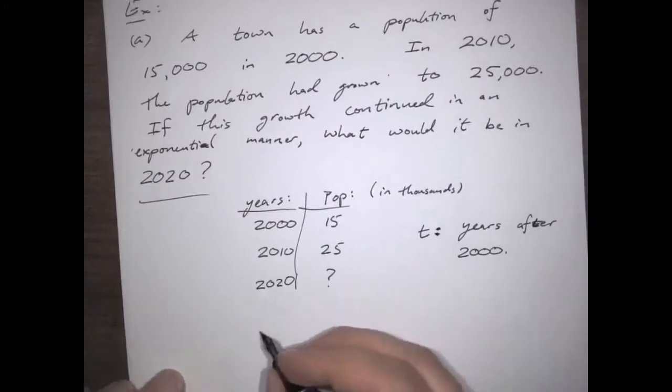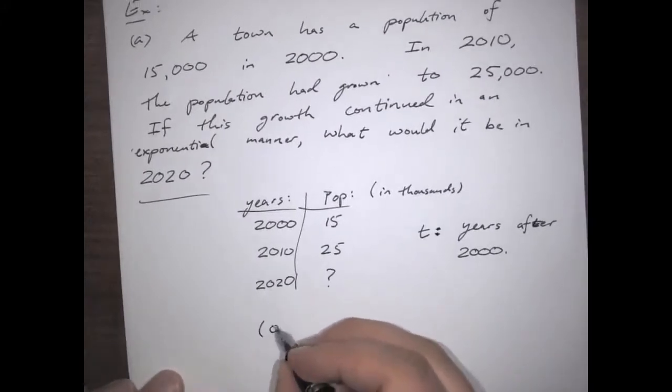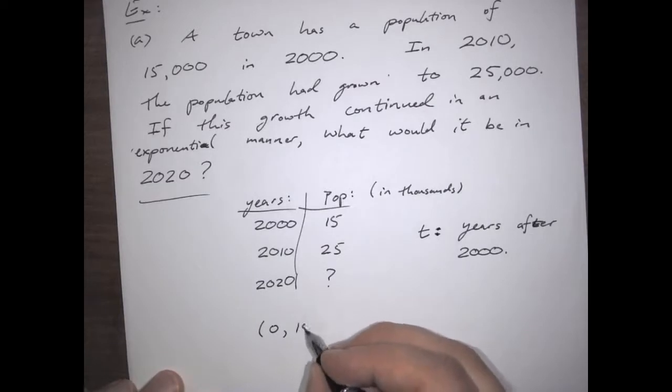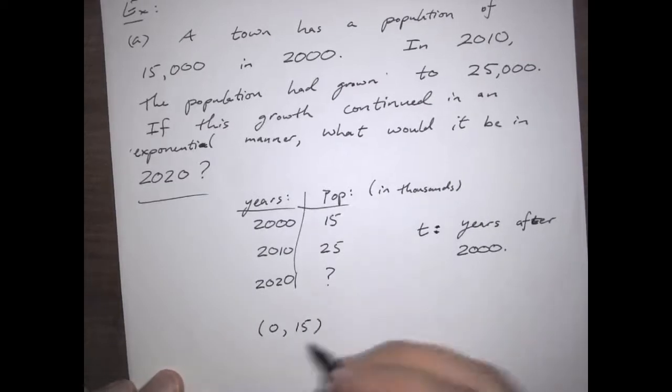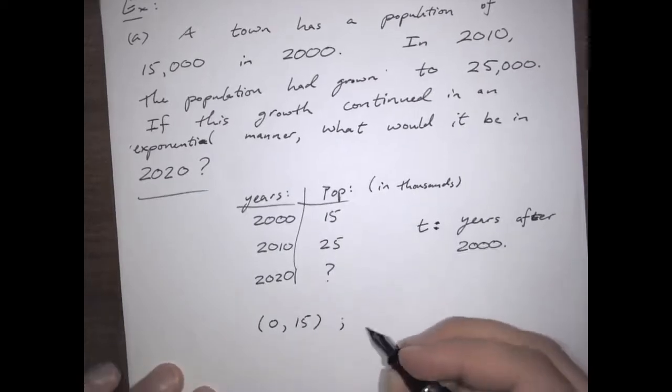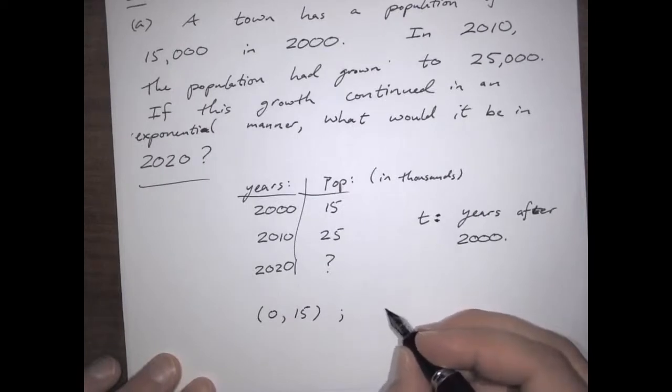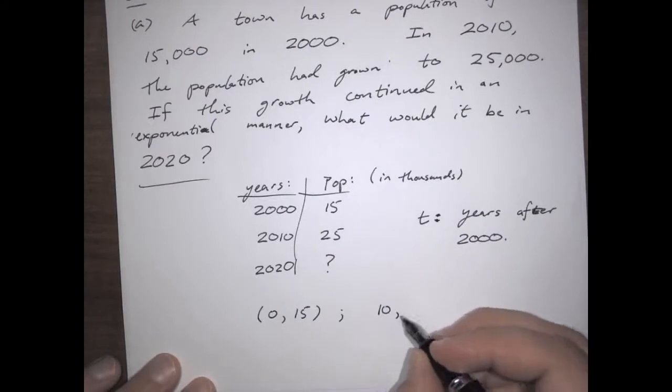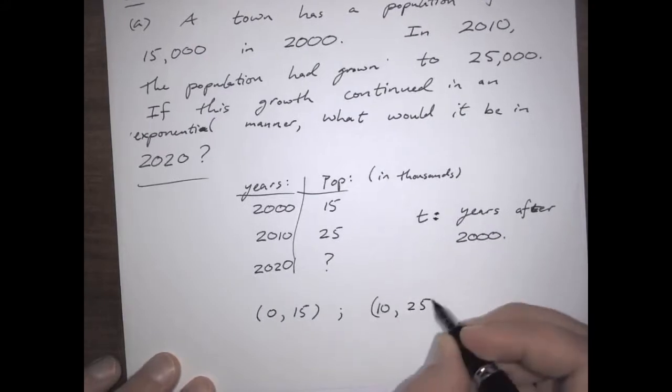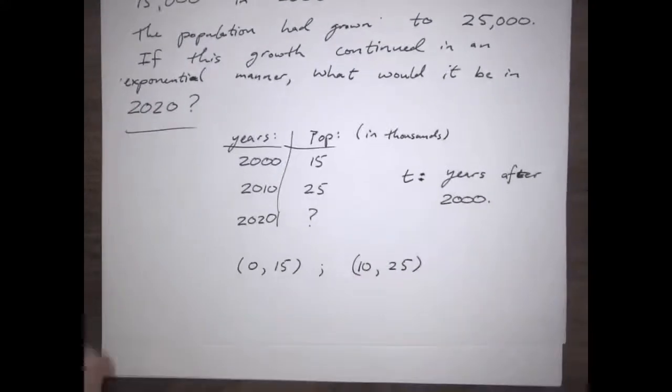So that makes the points 0 for 0 years after 2000, and 15,000 is the population, and then 10 and 25 is the next point. So here we are now back on firm footing. We've got what we want from the setup here.